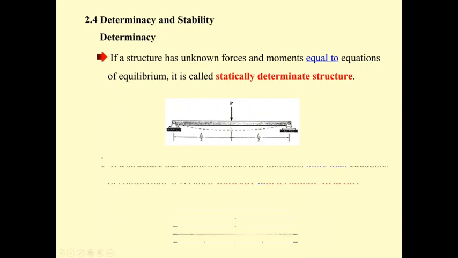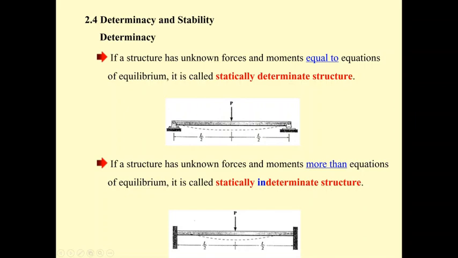The total of the reactions here is 3, equal to the equations of equilibrium. And then if we change the support from the pin to the fixed support, and from the roller to the fixed support, the number of reaction forces and moments will change. The fixed support has 3 unknown forces and moment, and another 3 here. So the total number of unknown reactions, including forces and moments, is 6.